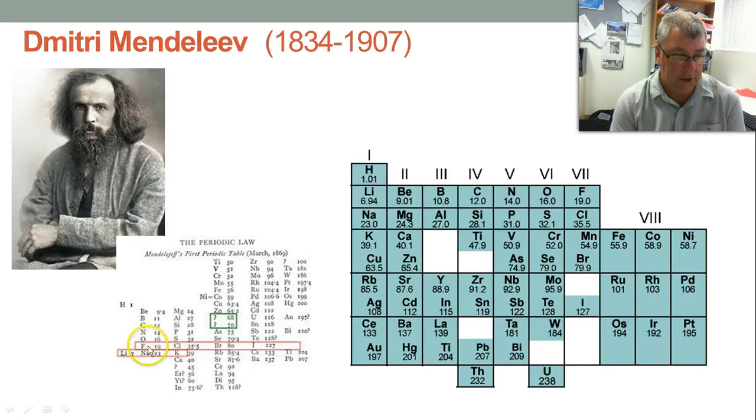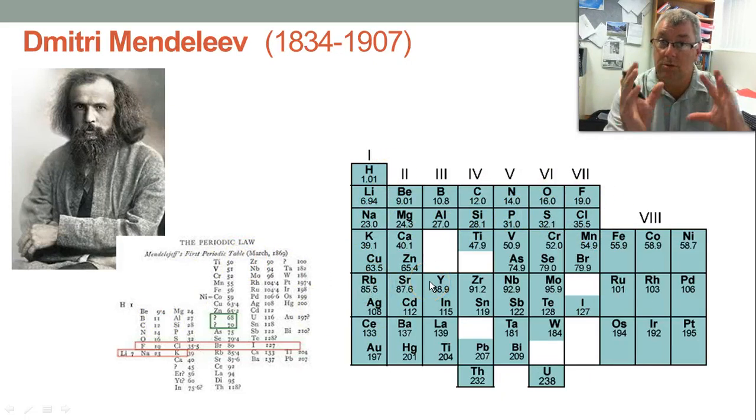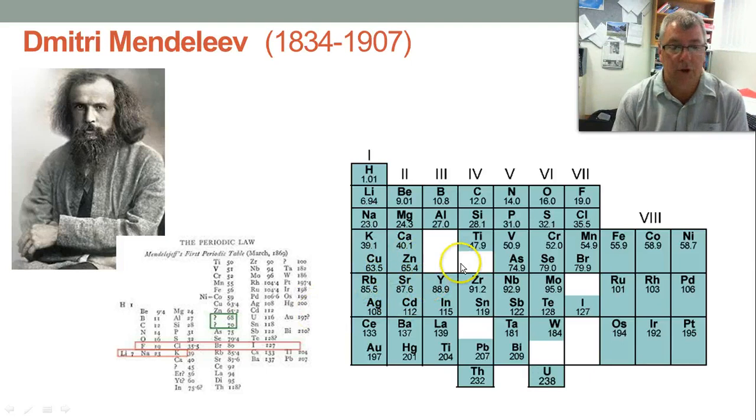And what's he got here? Fluorine, chlorine, bromine, iodine. You can see that that's actually group 17 on the periodic table. This one over here is his table rearranged into the modern version, and effectively it's the same, just rotated around a little bit. You can also see that there are gaps, and where there were gaps he left question marks because he was predicting that elements should go there.